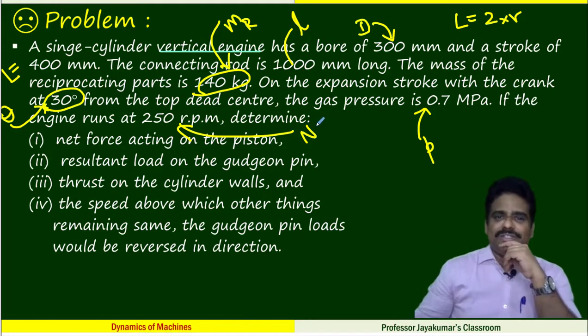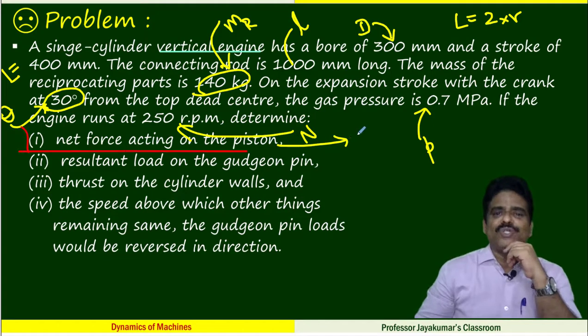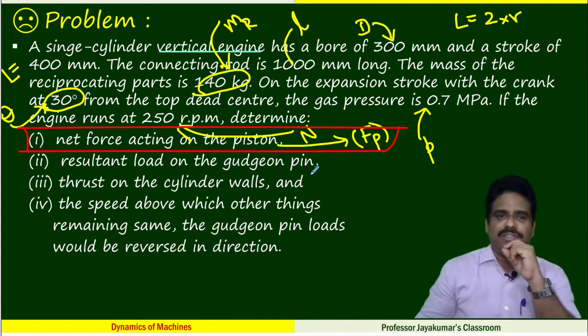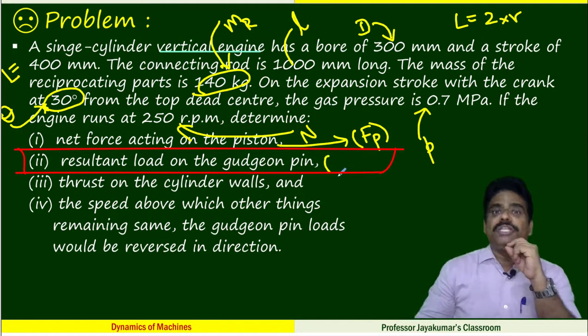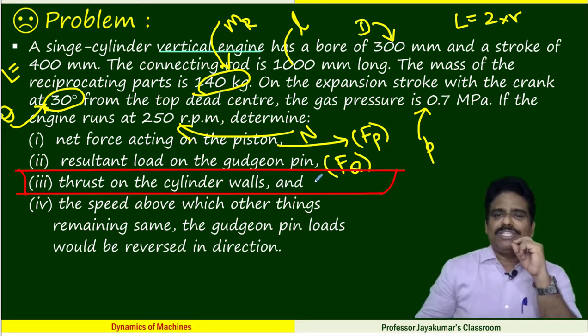Clear? What are the required data? The required data are net force acting on the piston. Of course, it is known as piston effort FP. Resultant load on the gudgeon pin, which is nothing but FQ. Then thrust on the walls, FN.